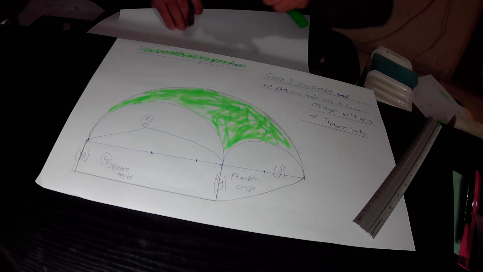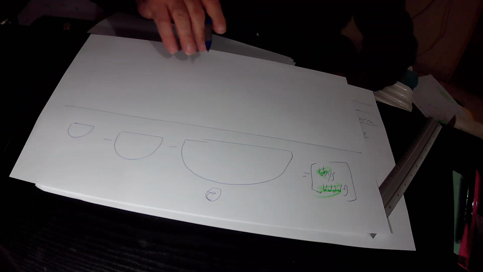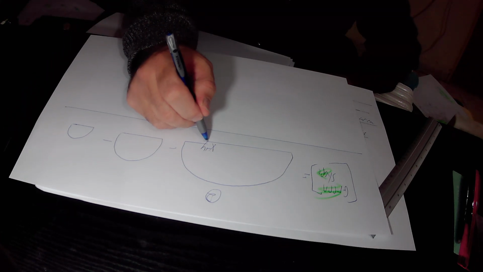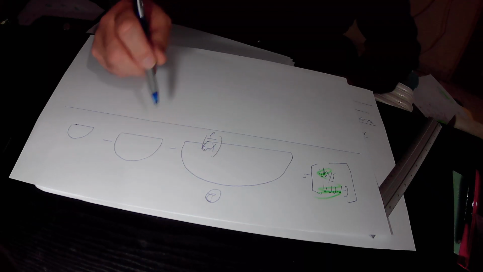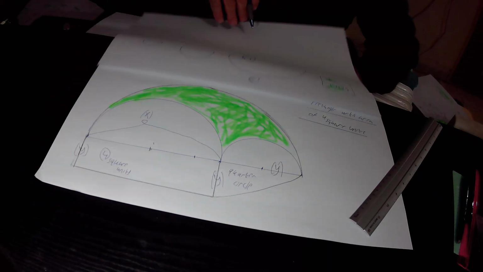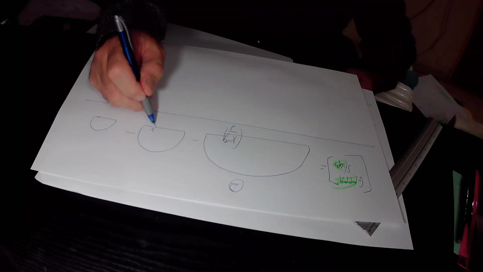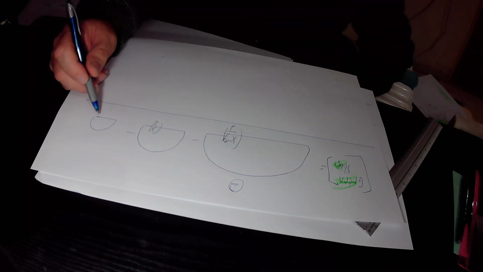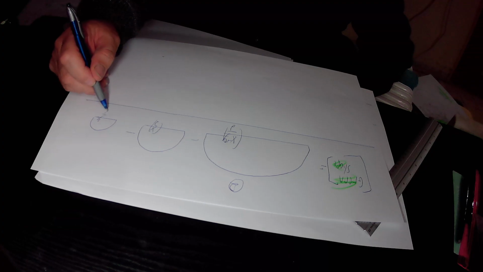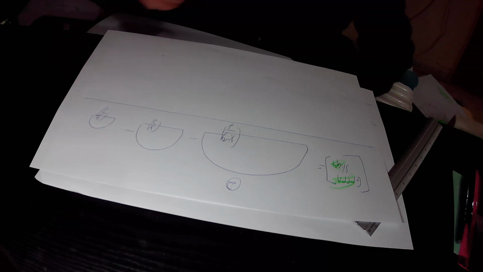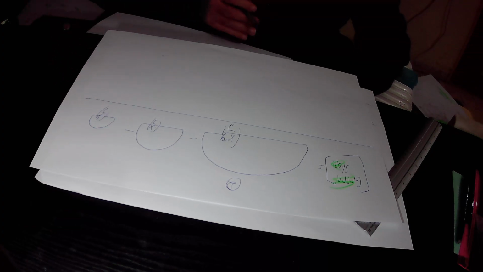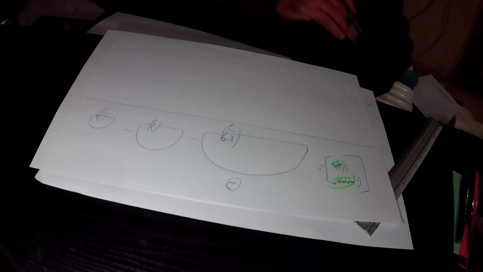The radius of this biggest semicircle equals (x plus y) over 2 units in its length. The radius of this medium semicircle equals x over 2 units in its length. And we already found that the radius of the small semicircle equals y over 2 units in its length. So the value of this expression is the area of the green shape.